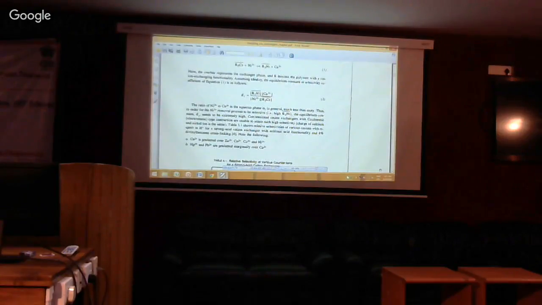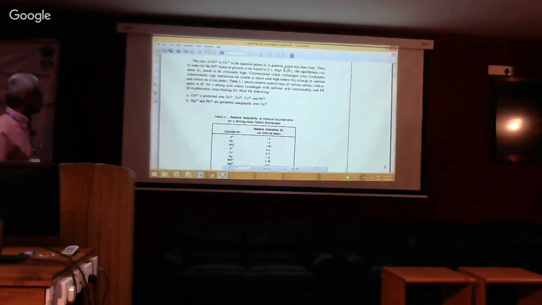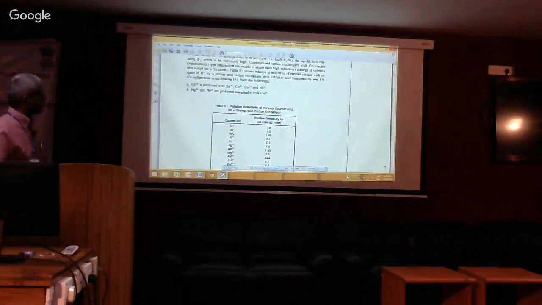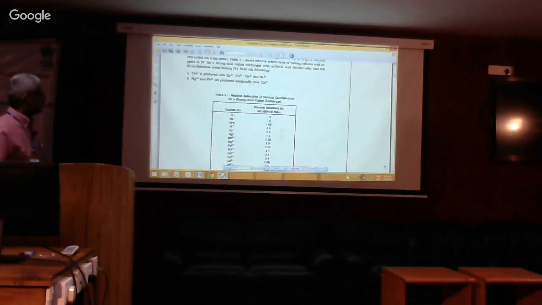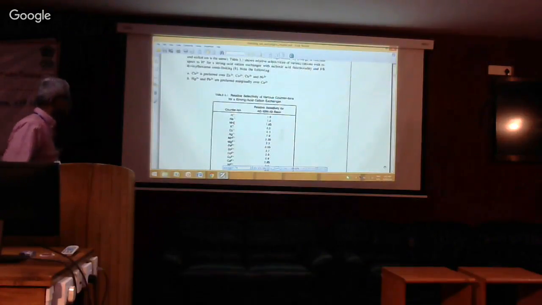And both are divalent. So if this is a normal exchanger, then there will be no real preference of that resin for nickel over calcium. Okay? So that's exactly what we see. If you take what we call a strong acid cation exchanger, it means that you take this polymer, polystyrene, and then you put in a sulfonic acid functional group.